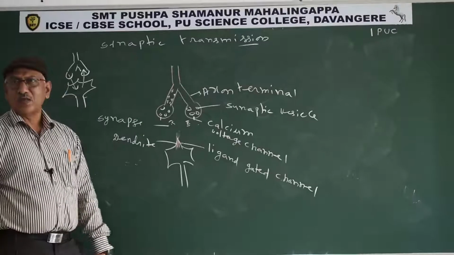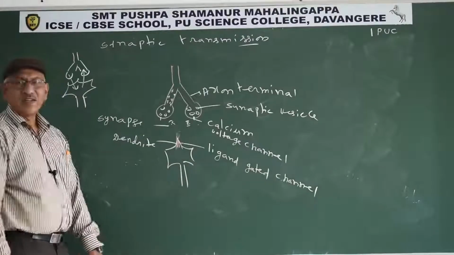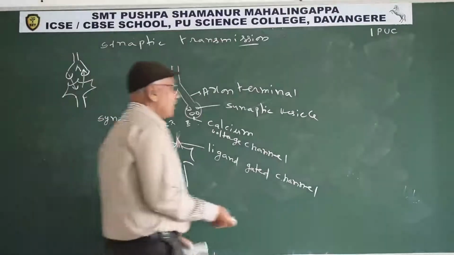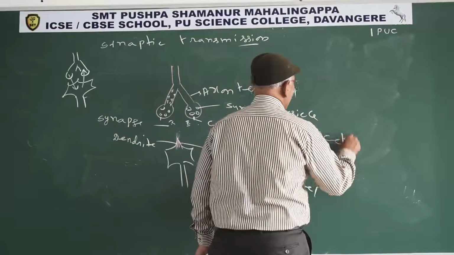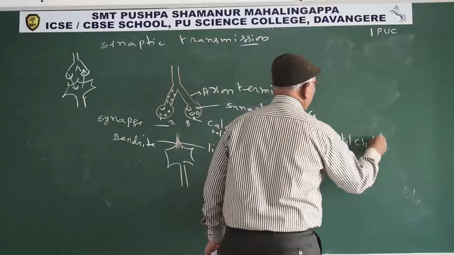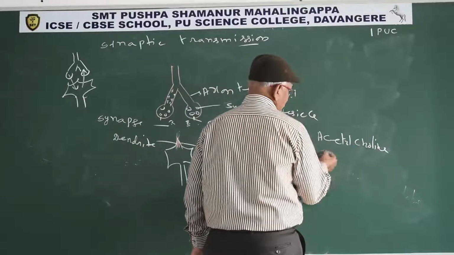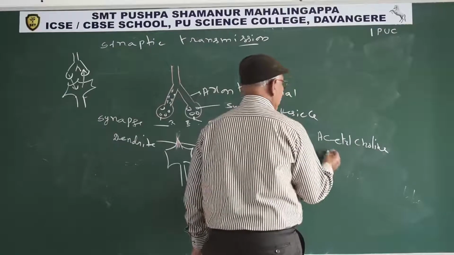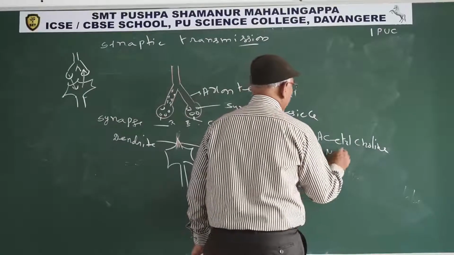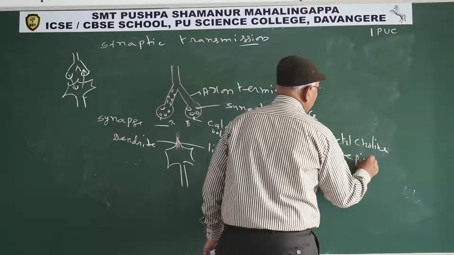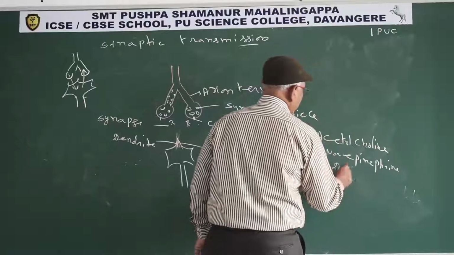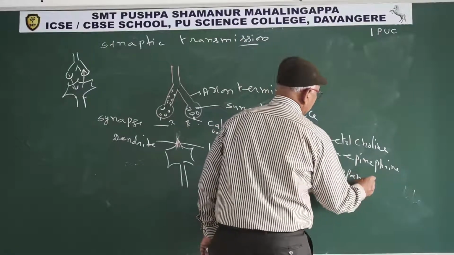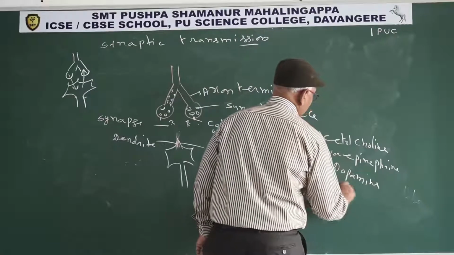The neurotransmitters are of two types: excitatory neurotransmitter and inhibitory neurotransmitter. The common neurotransmitter is acetylcholine, which is abundant. Others are norepinephrine, dopamine, serotonin.